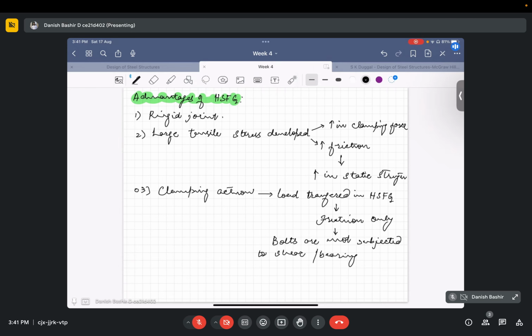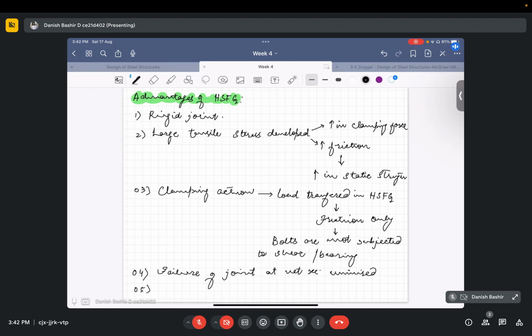So the failure of the joint at the net section is minimized. That is the fourth.